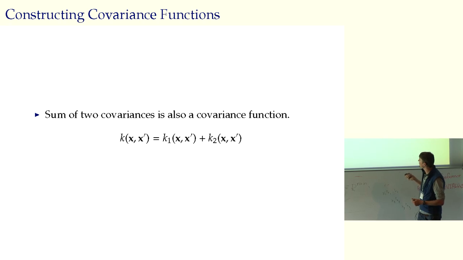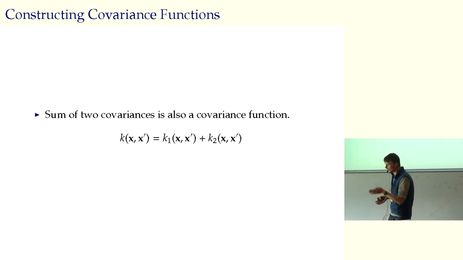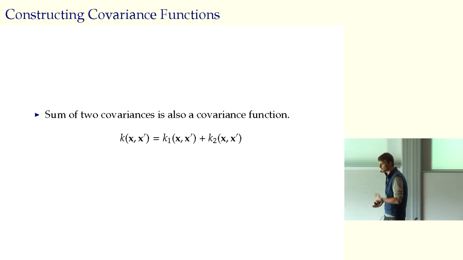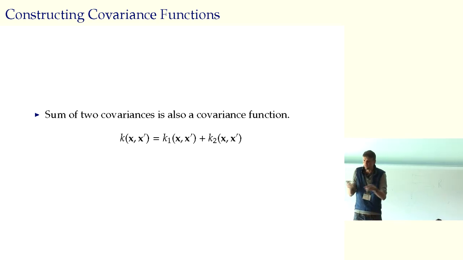So what is a valid covariance function? It has to always lead to positive definite matrices. Those matrices are covariances, so they have to be positive definite. Anything's a valid covariance function as long as it gives you a positive definite matrix for any inputs you put in.